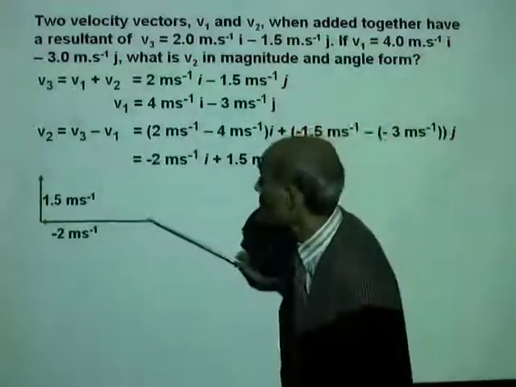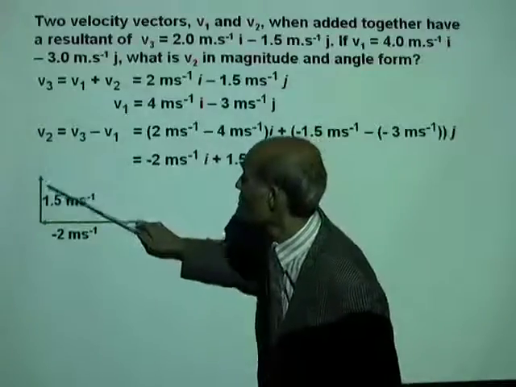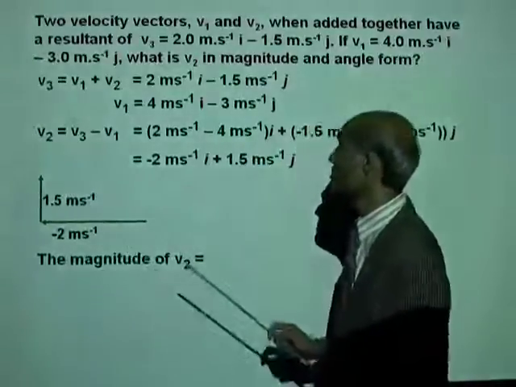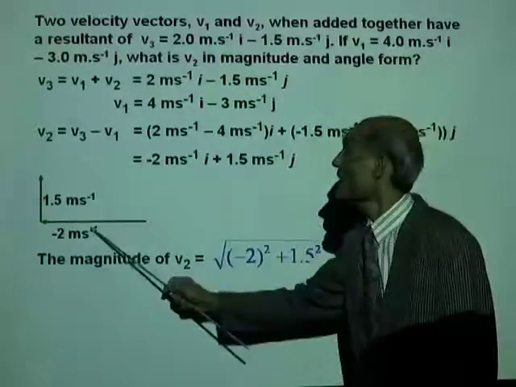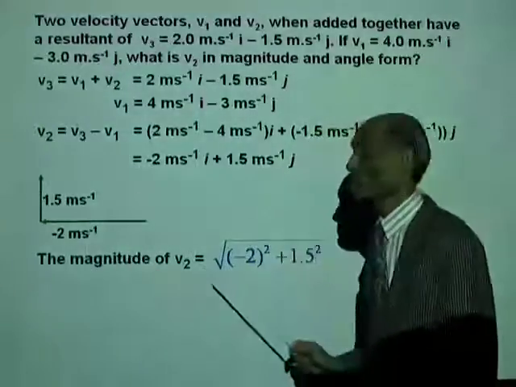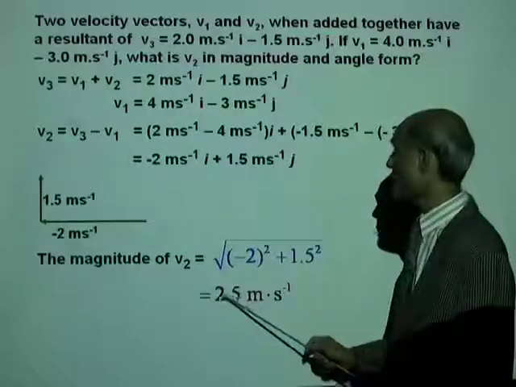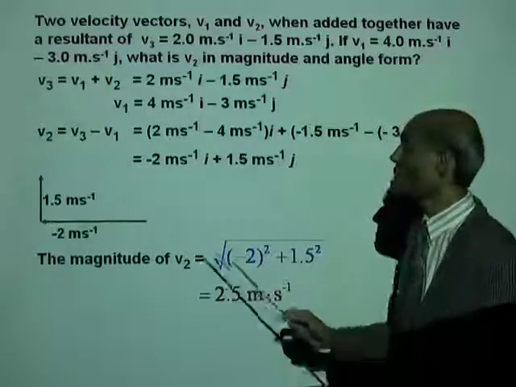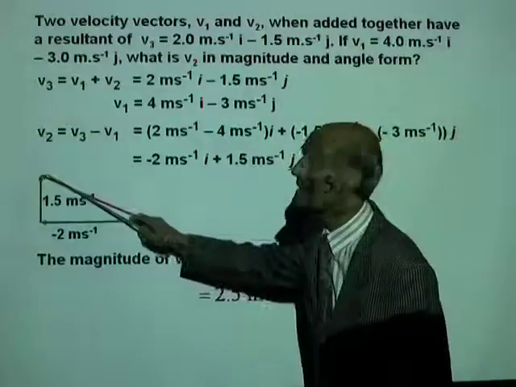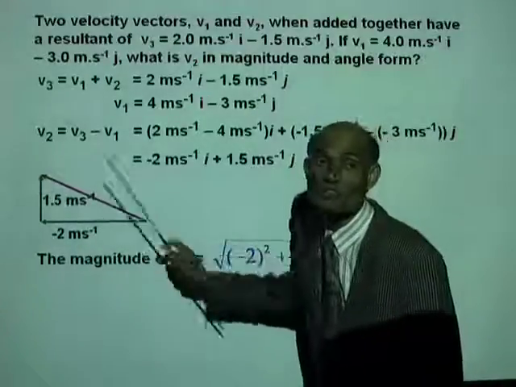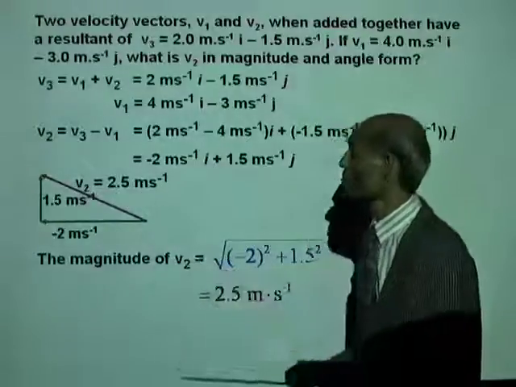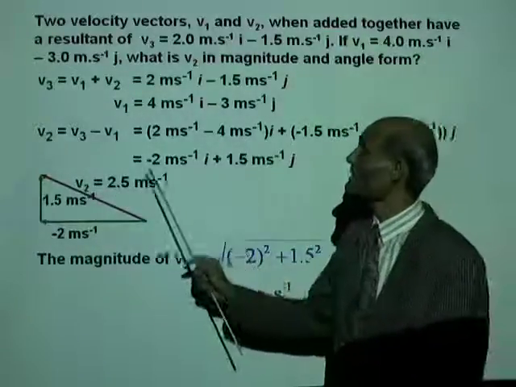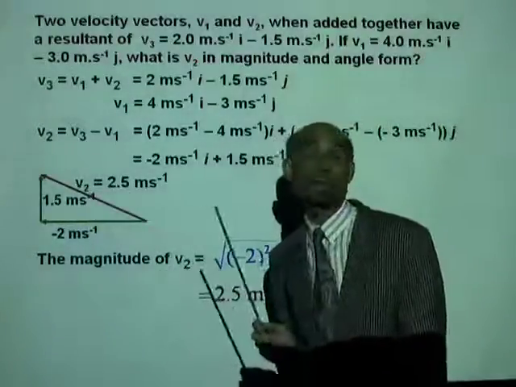Therefore, the vector v2 will be this vector. The magnitude of v2 is square root of x squared plus y squared, and that will be 2.5 meter per second. This is your vector v2. So v2 equal to 2.5 meter per second is the magnitude.